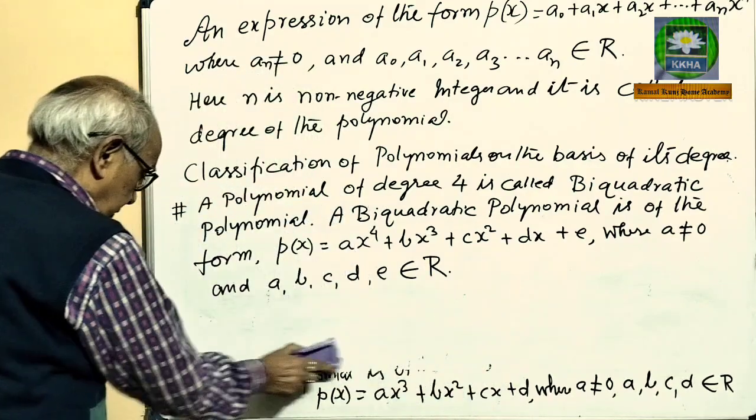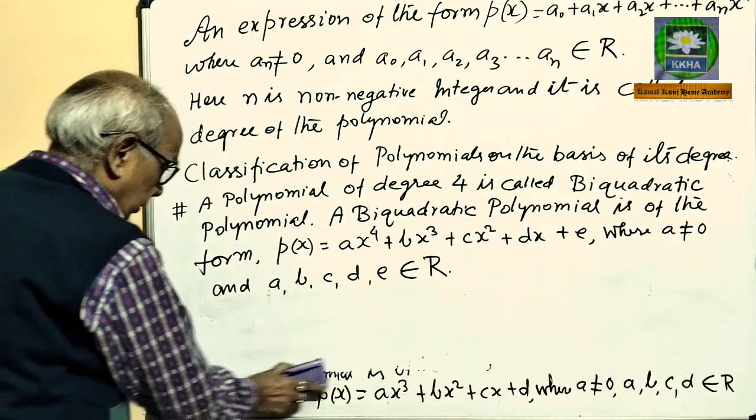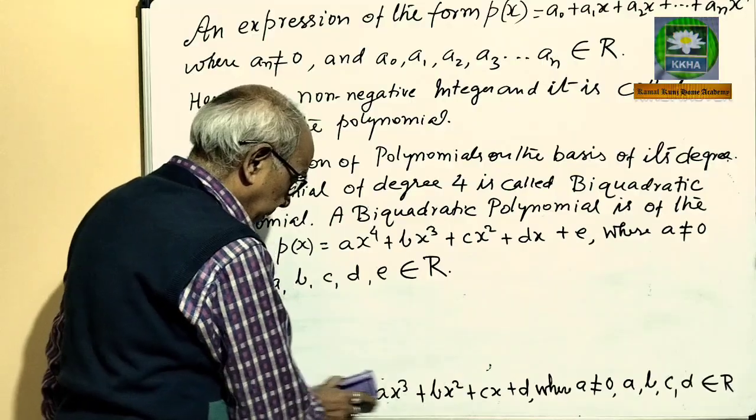Now, zeros of a polynomial. What is a zero of a polynomial?